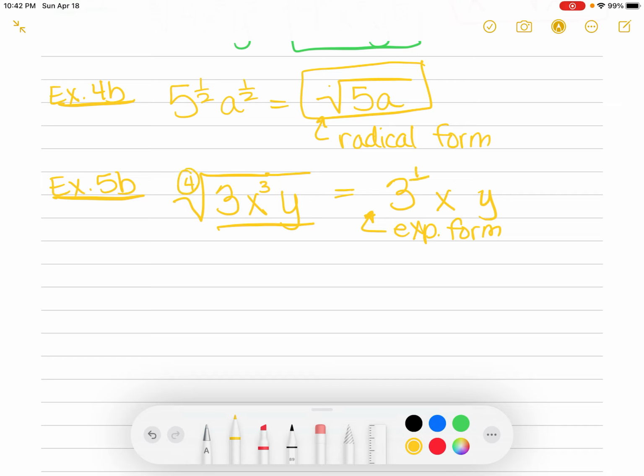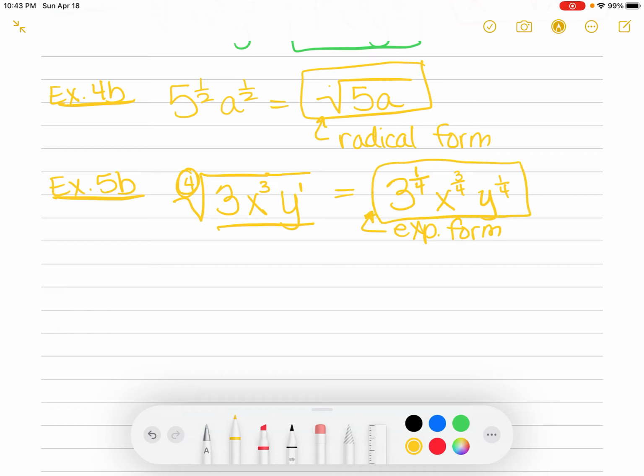And then my bottom number is going to be the 4. So all of them are going to have the 4 as the bottom number. So x is going to be 3/4. Sorry, my thing is going crazy. Okay, 3/4. And then y is going to be 1/4 because the exponent here is a 1. So that should have been your answer.